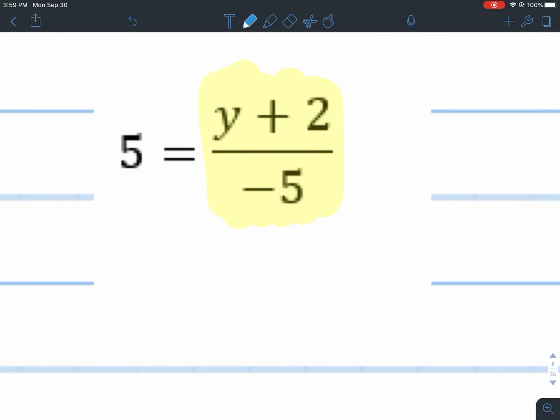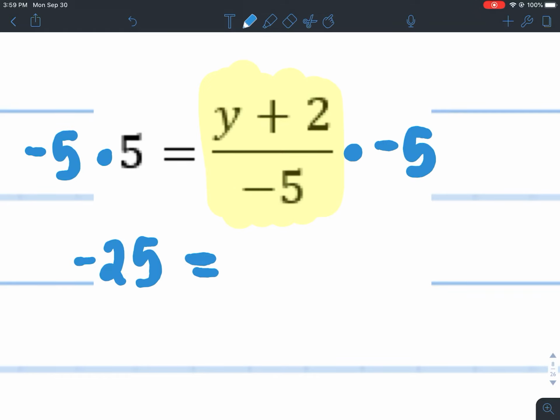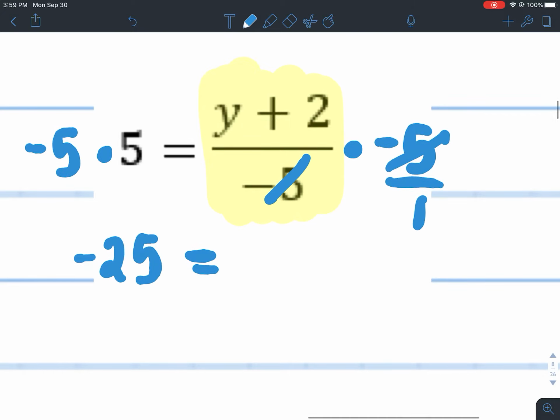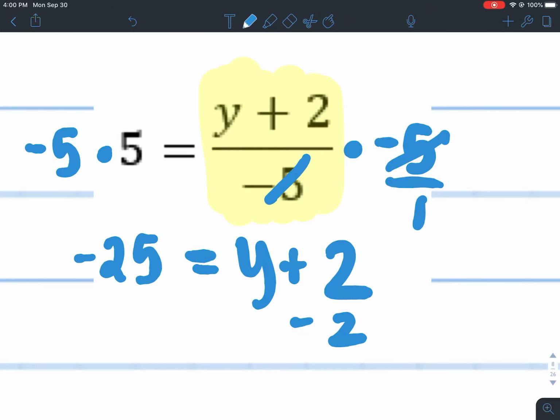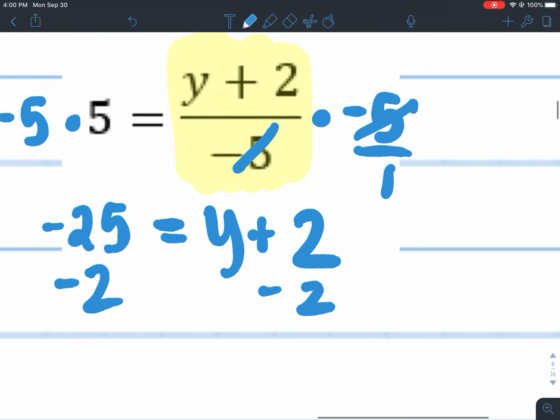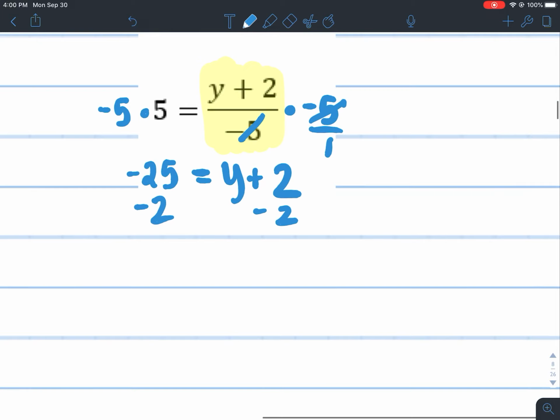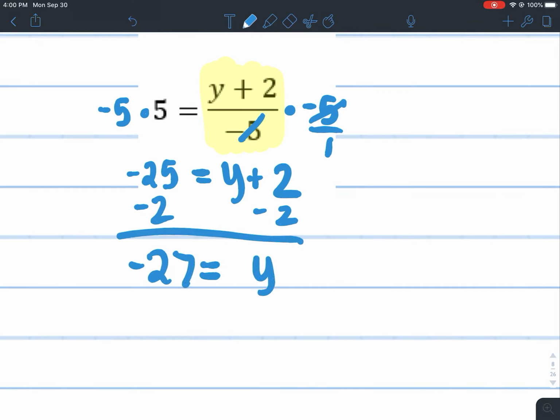So we're going to first multiply by -5, whatever our denominator is. And that'll give us -25 equals, and again, that's going to turn into -5/5, which is just 1, and then we get y plus 2. Now all you have to do is subtract 2 from both sides. So that'll give you -27 equals y.